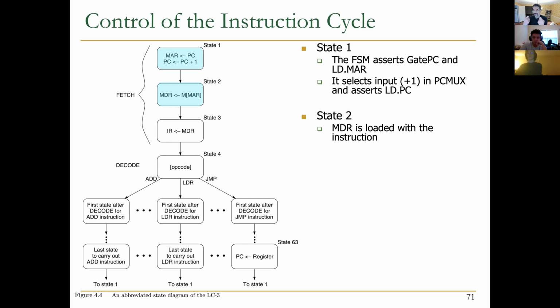This is what you needed to decode to see what the instruction is about. And the next state would be putting the content of the MDR, memory data register, into the instruction register in order to basically decode this instruction.